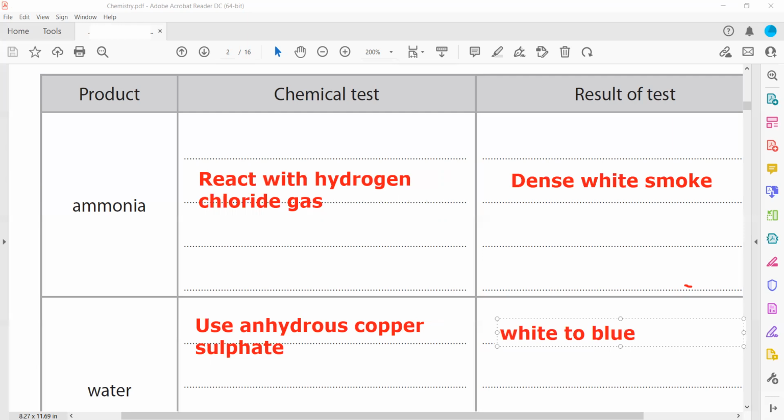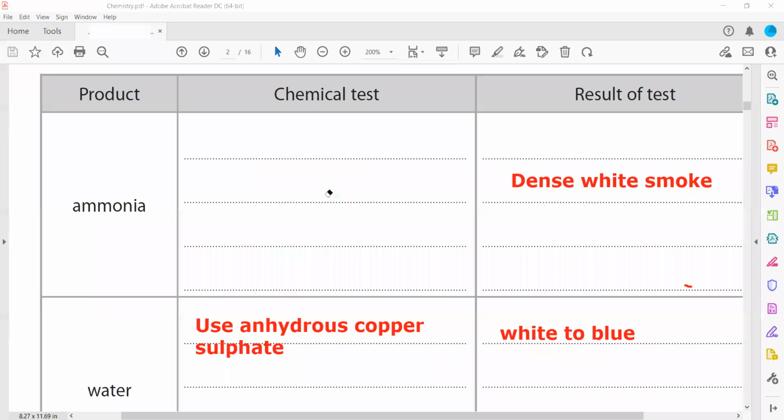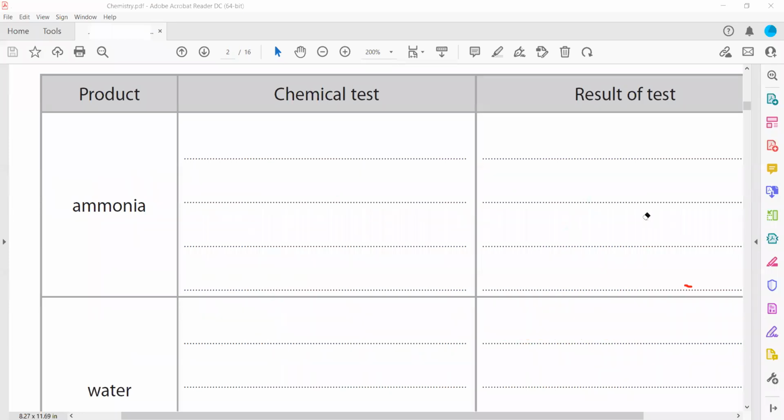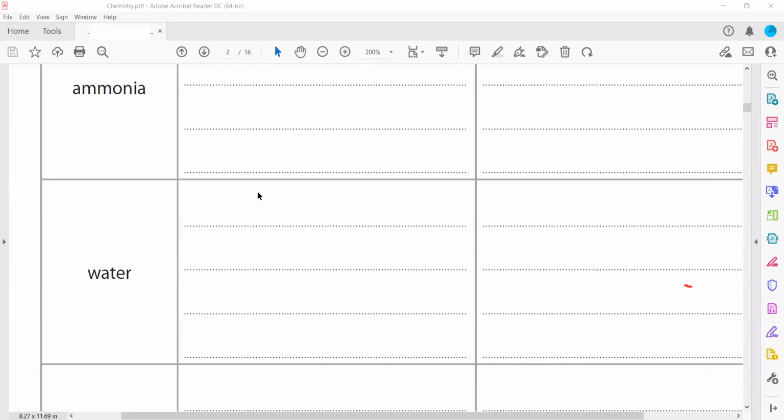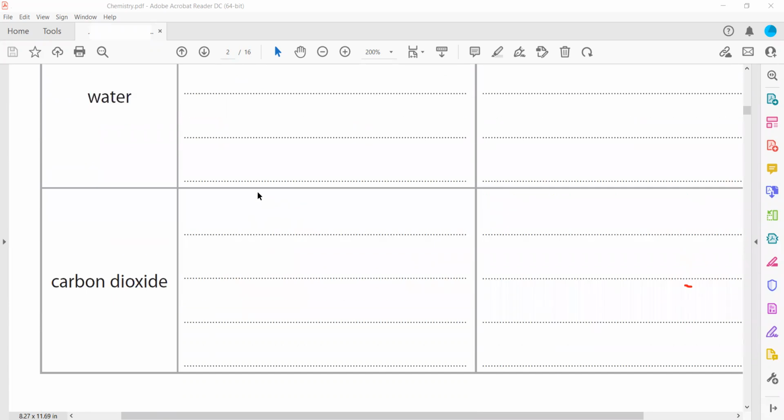If it was cobalt chloride, it will turn from blue to pink. Then the test to check the presence of carbon dioxide: we can test with lime water, and it will turn cloudy or milky.